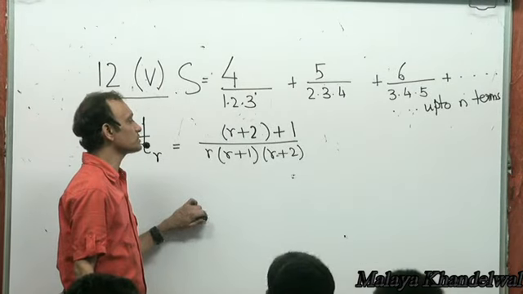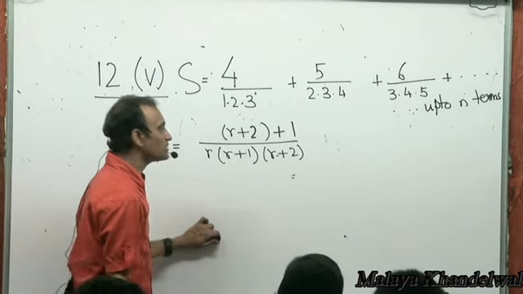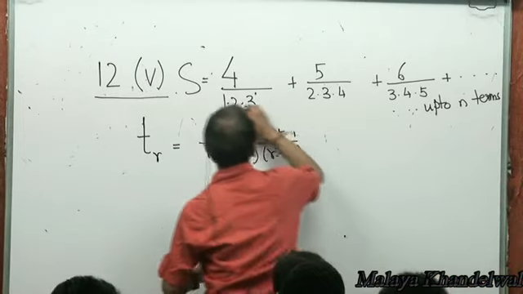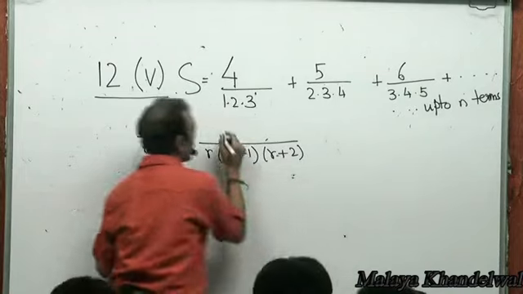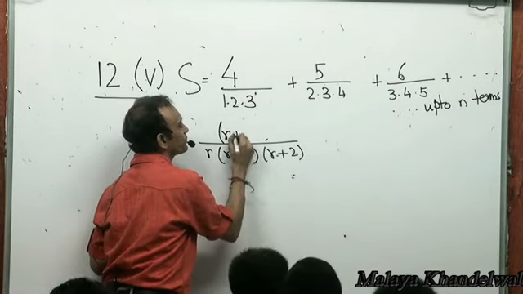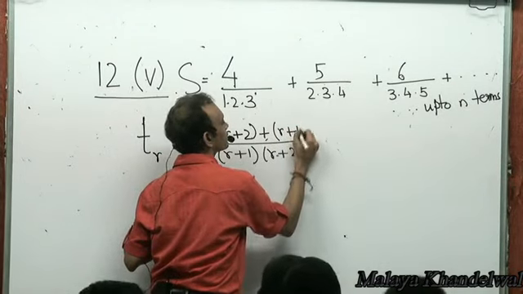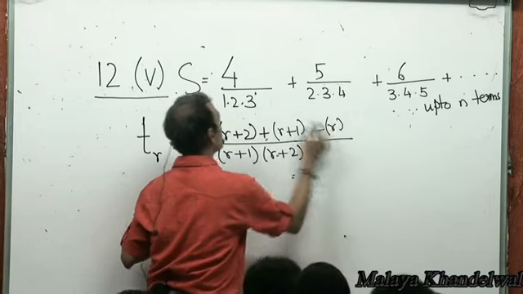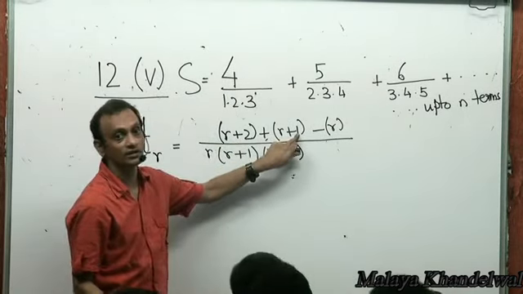R plus 2 plus R plus 1 minus R. Okay, that's also acceptable. See, all these are acceptable variations. All roads will lead to Rome here. R plus 2 plus R plus 1 minus R. So then there was originally an R plus 2 here, so there is 3 here.